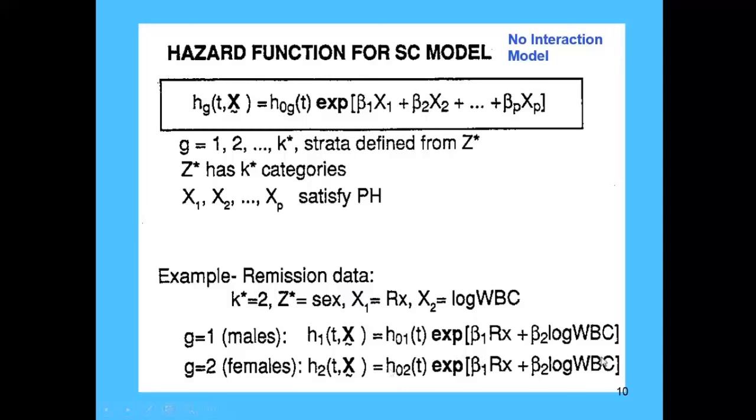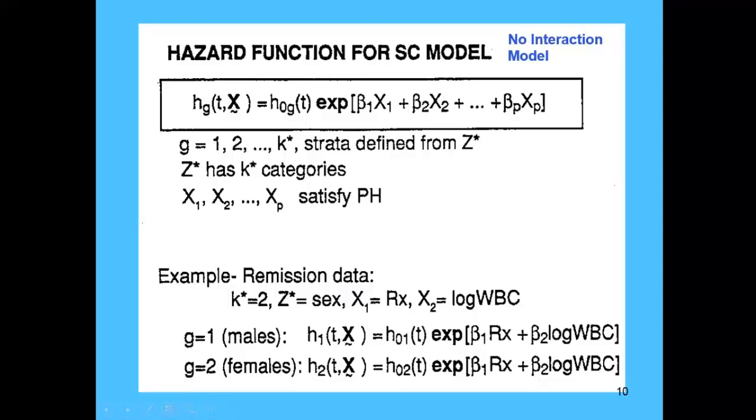What about the right-hand side, the exponential part? Well, the exponential part is e to the beta 1 treatment plus beta 2 log white blood cell count for the males, and the same for the females. But you don't see a G down here in the exponential part.